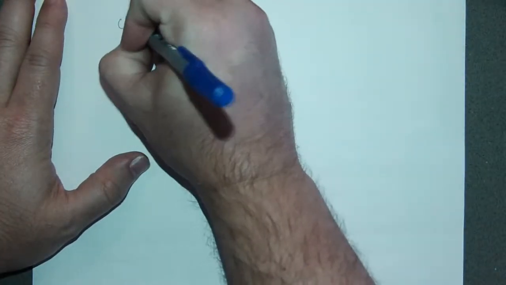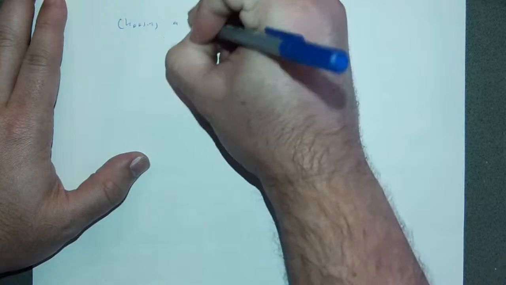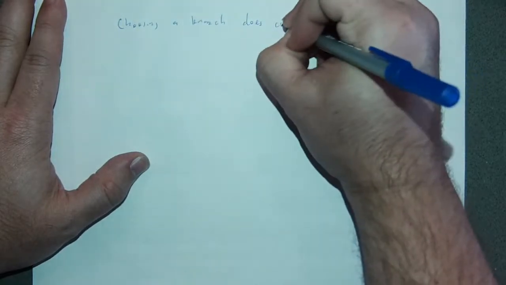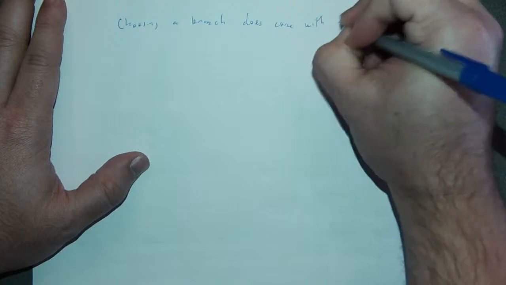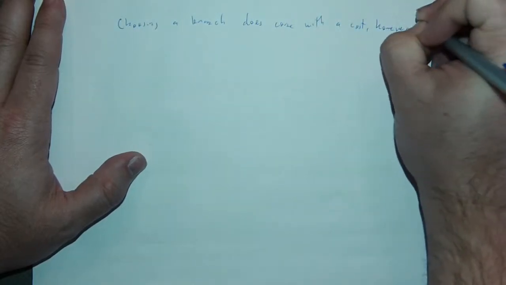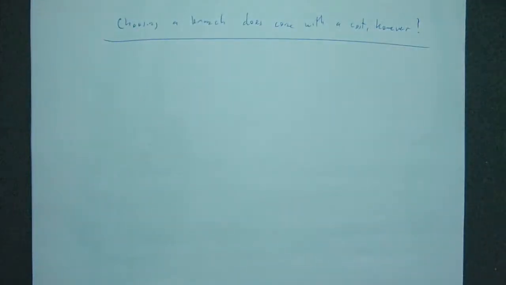Okay, so here's an easy example of that. Choosing a branch does come with a cost, however. Not always, depending on the context, but it's something that you have to keep track of, nevertheless.